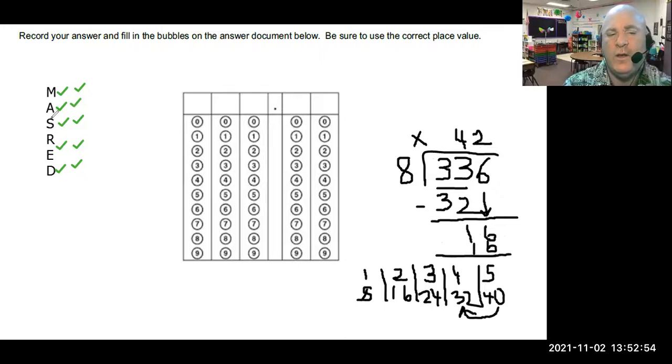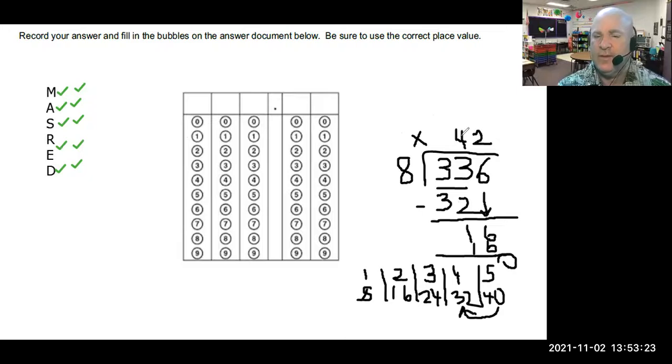And then we subtract. 16 minus 16 is 0 is our remainder, and we're done. So if you take 336 M&Ms after we got rid of the first package and put them into bowls 8 at a time, the greatest number of bowls that you would need would be 42.